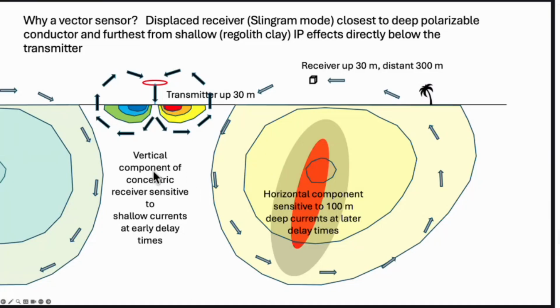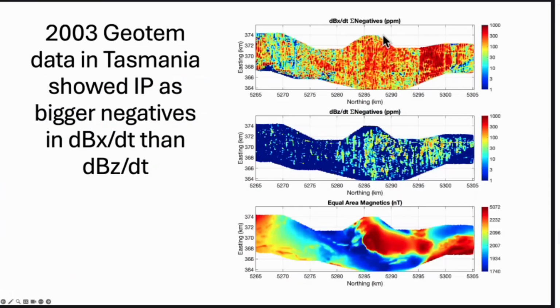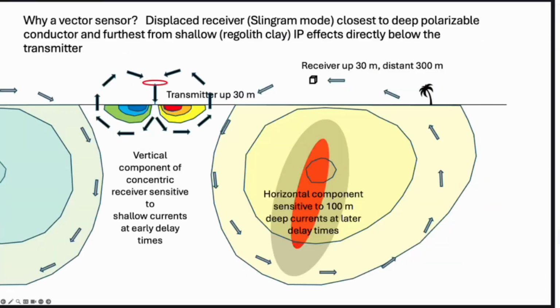So a vertical component receiver is most sensitive to the shallow currents near the source. Out at this distance, if you have current flow into the screen at this point, that has a magnetic field circulating around it, and an X component receiver is the one that's best coupled. That explains why the X component had much bigger negatives than the Z component in the GATEM survey.